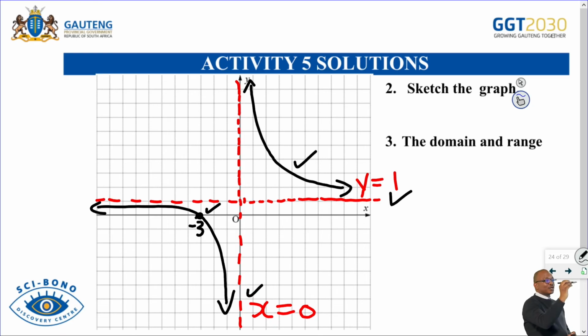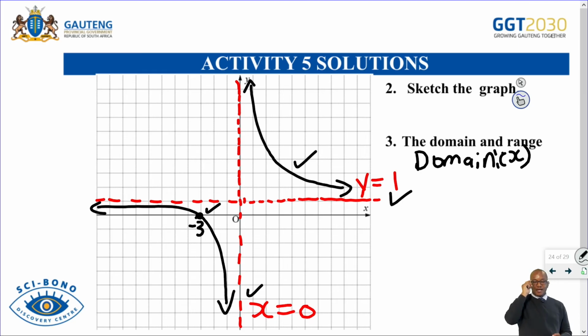Then now, coming to the domain. We're speaking about x values, remember. I said the domain is where the graph is defined on the x-axis. We can see that this graph is only undefined when x is equal to 0.